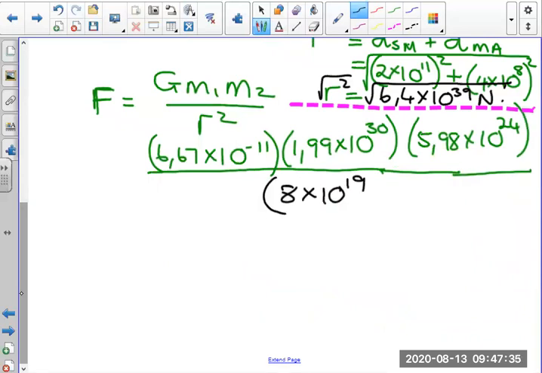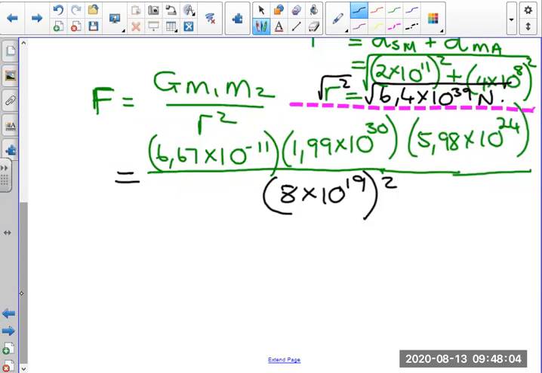And remember, the formula says to the power of 2. Now, let's work that out. And you must be able to work it out with your calculator. Sometimes the learner struggles to do this with a calculator, so I want you to put it in your calculator. Make sure that you get this right. Eight exponent 19 to the power of 2.